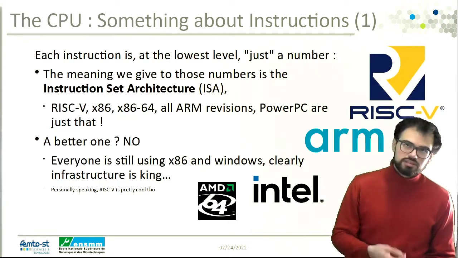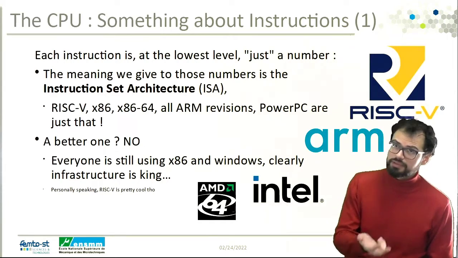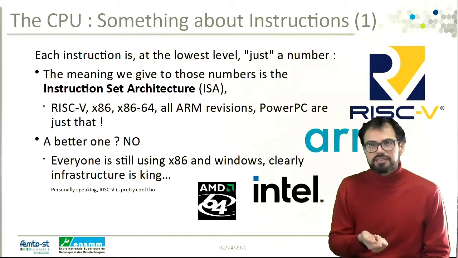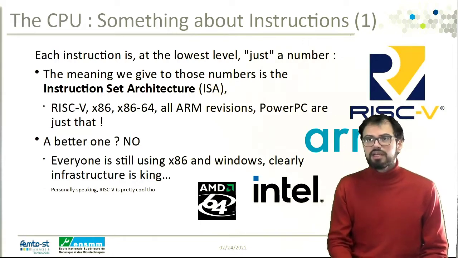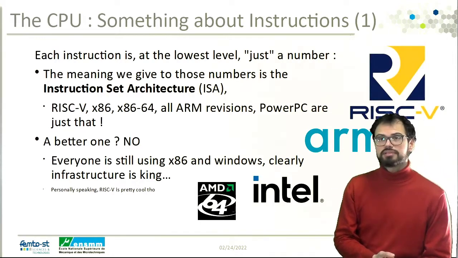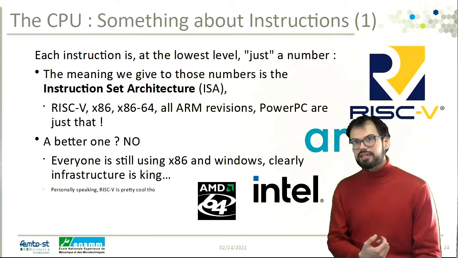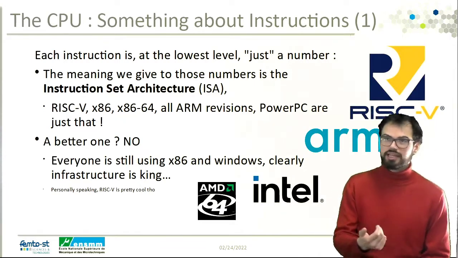Usually you see that we still use x86 type processors, even though they may be less performant than ARM type processors. But this is because you have a very nice infrastructure, which is also the reason why ARM is also nice, because they have also built a very nice infrastructure during the last years with Apple and so on.